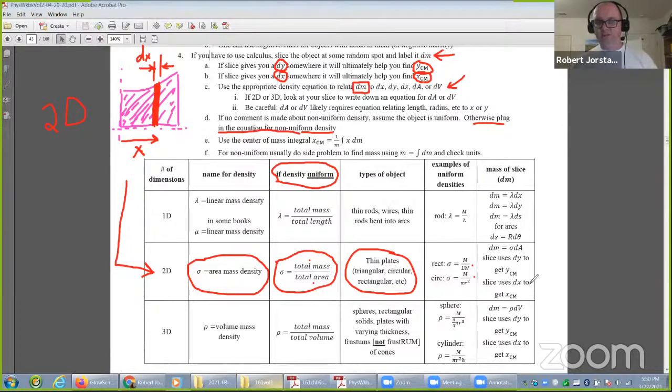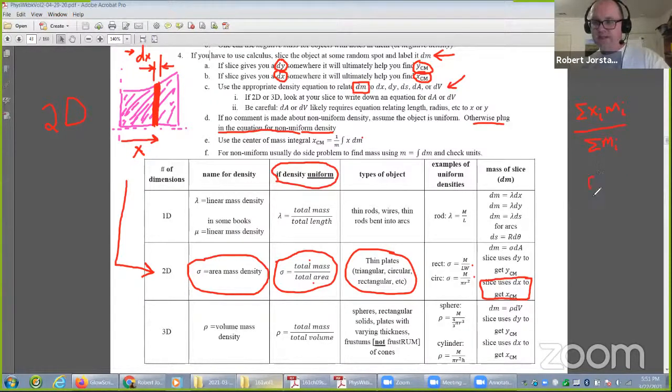Again, we are trying to use an X slice to figure out the X center of mass. Because we have a dx in here, we're going to use this equation right here. Let me show you how this works out. The sum of x sub i, mass sub i, divided by the sum of the masses is our point mass or splitting objects into pieces type formula.